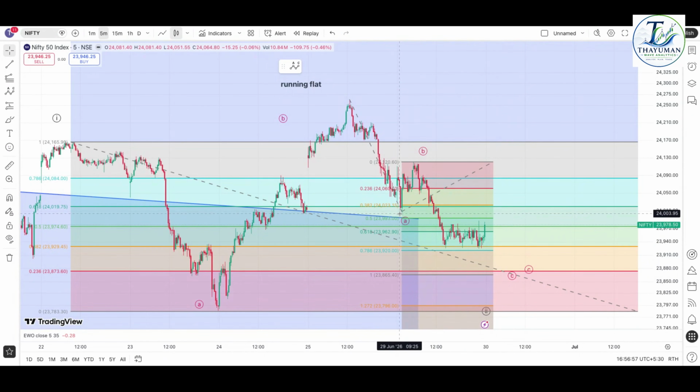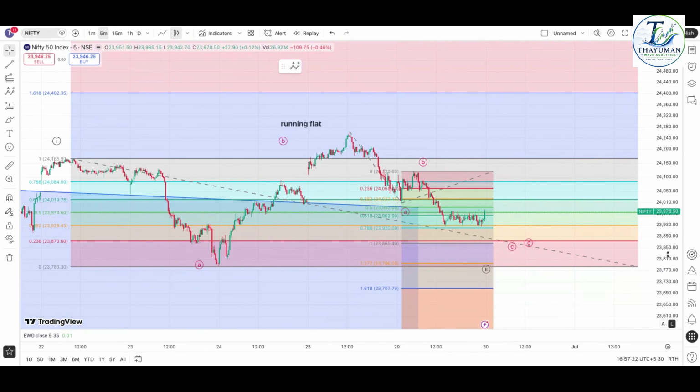Based on trend based Fibonacci extension, we have crossed this 0.618 level, and the next level I am expecting somewhere around 1. These are levels the zigzag might reach: 0.618 times of a zigzag, or a 1, or 1.618. But 1.618, I think it's too much.